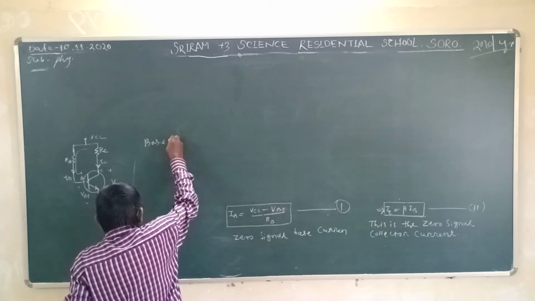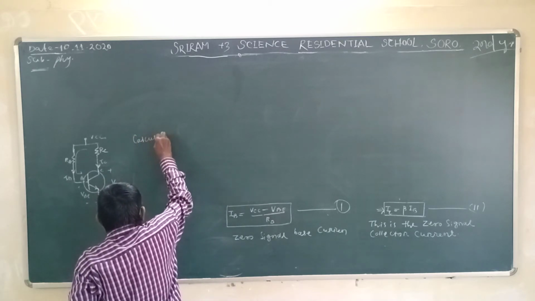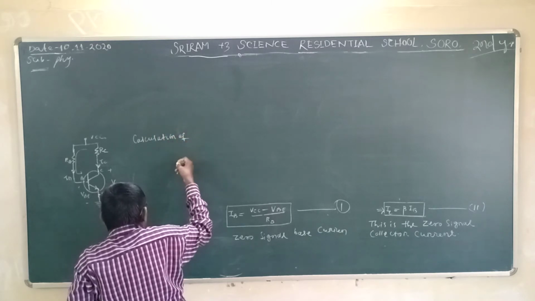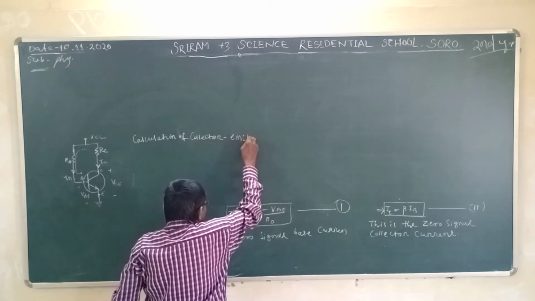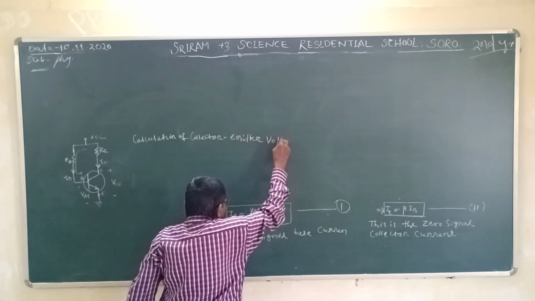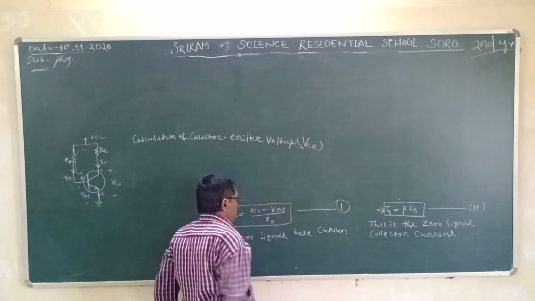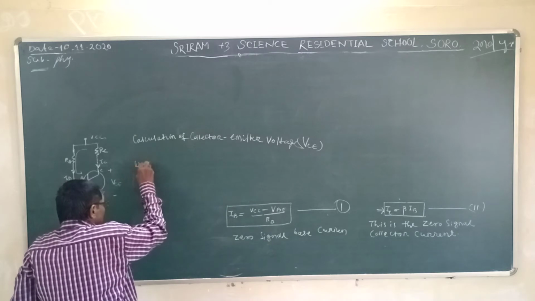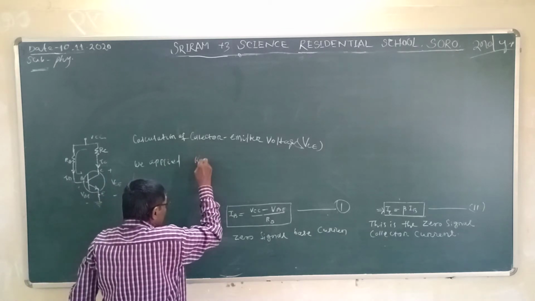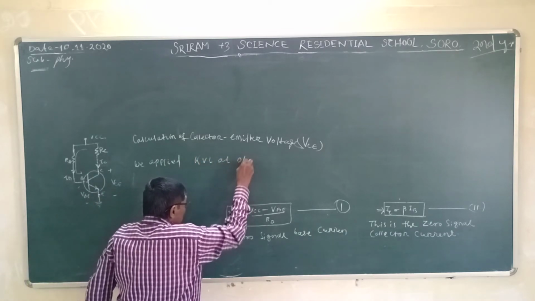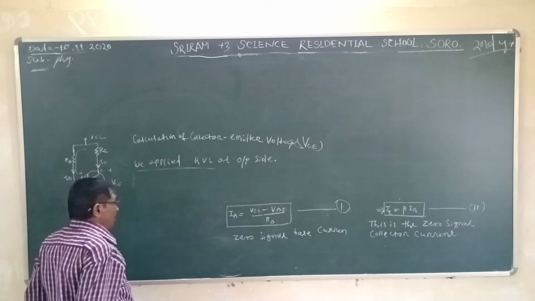Calculation of collector emitter voltage, that is VCE. Now we apply KVL at the output side.